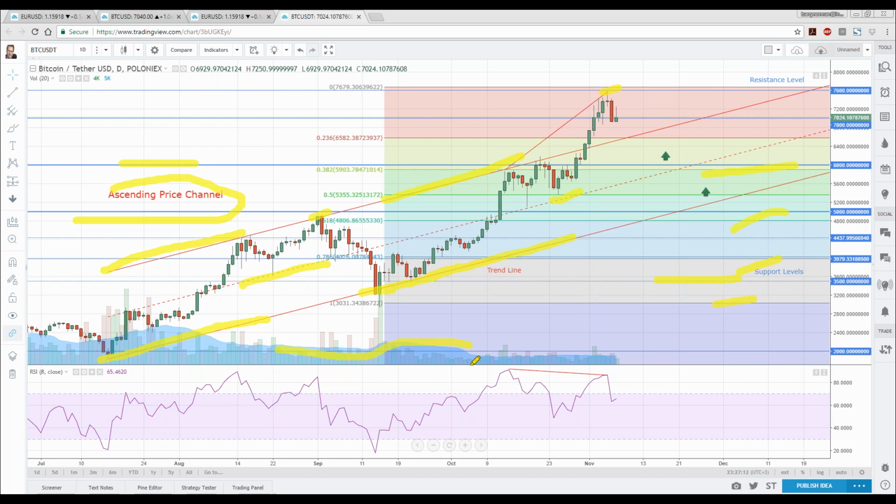Then we're looking at our indicator to give us some type of confirmation. Here we have a very positive, what's called divergence. The highs on our indicator are moving in a downtrend, while our price is moving in an uptrend. So our indicator is moving in a diverging direction from our price trend.